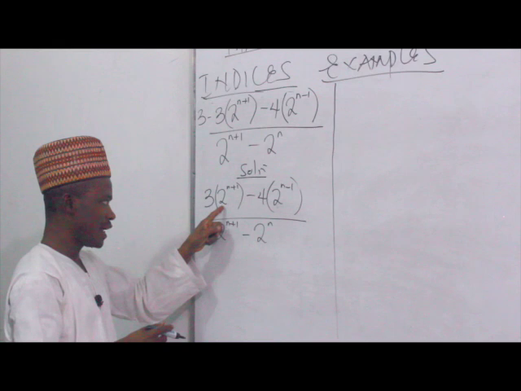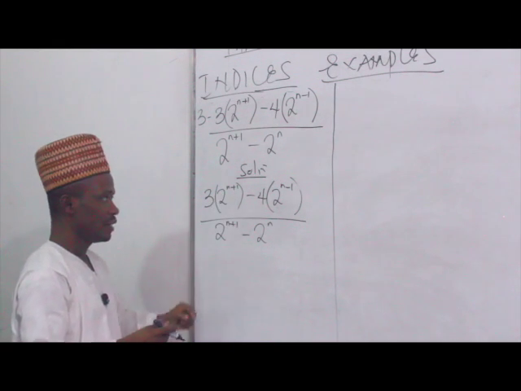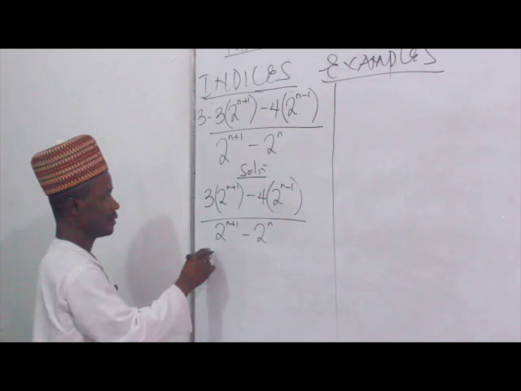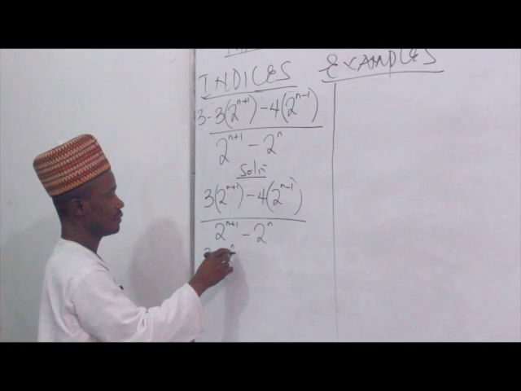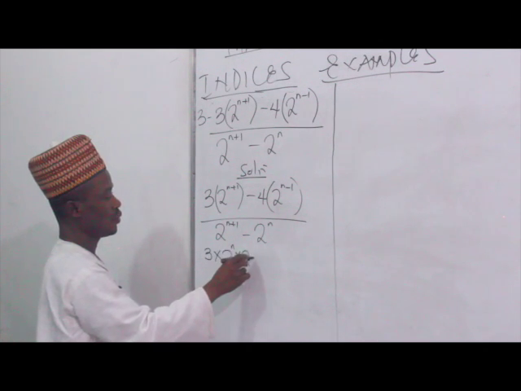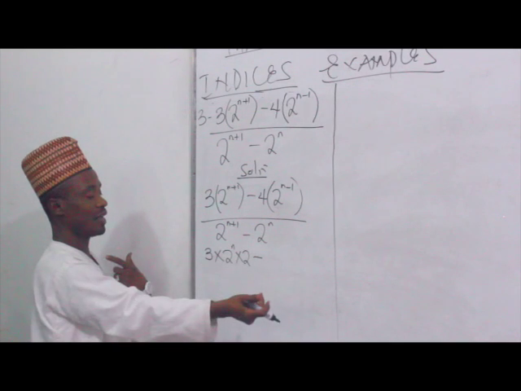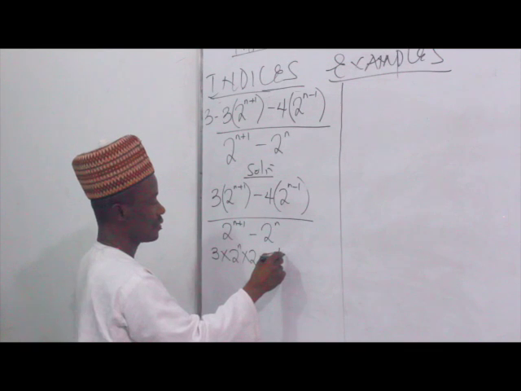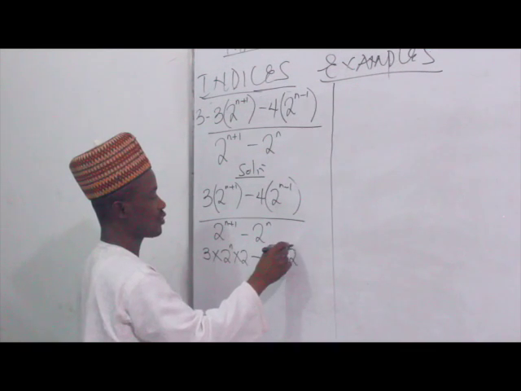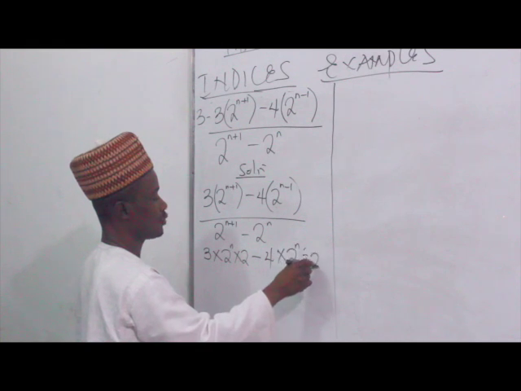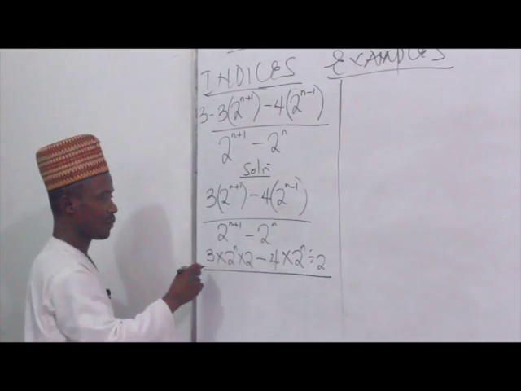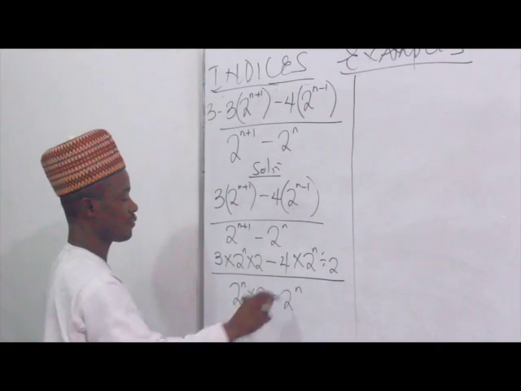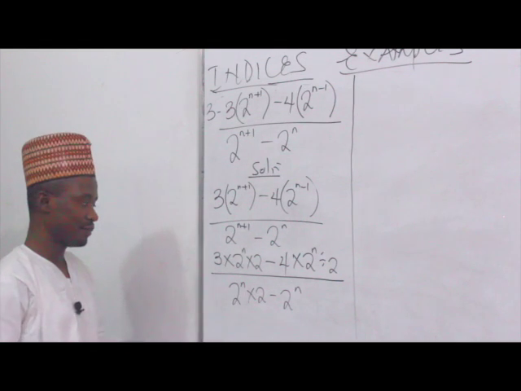Looking at the index 2 raised to the power of n plus 1, this is the same thing as 3 times 2 raised to the power of n times 2 minus, solving from the last section to the beginning, 4 times 2 raised to the power of n divided by 2, all divided by, this is now similar to 2 raised to the power of n times 2 minus 2 raised to the power of n, if you break it to the lowest term.